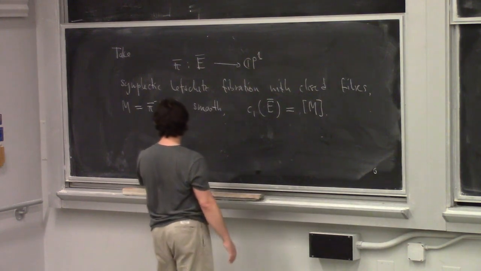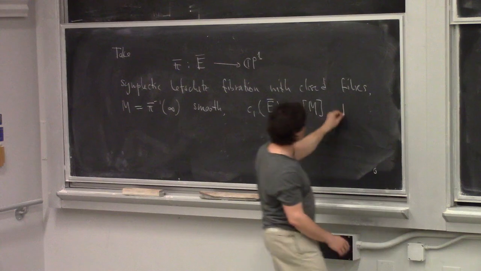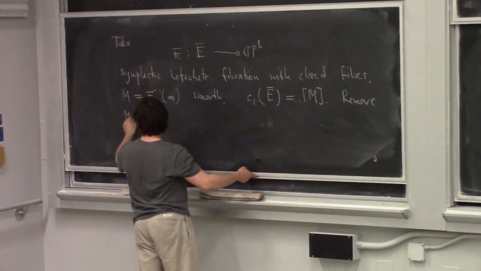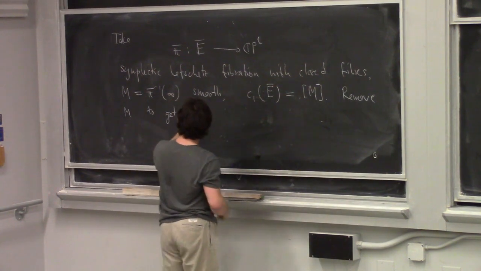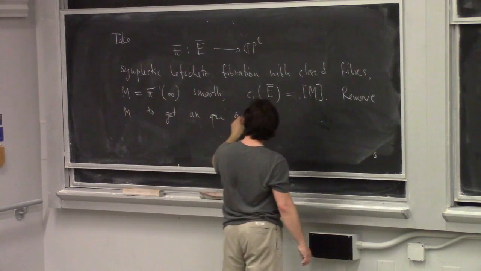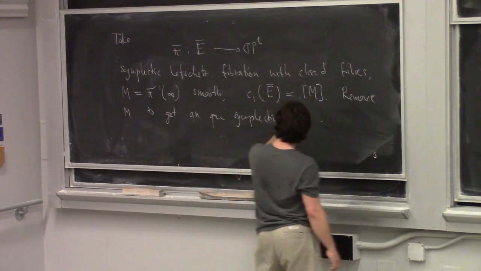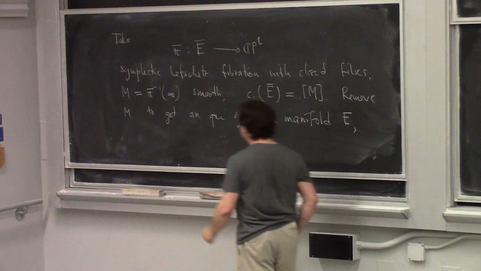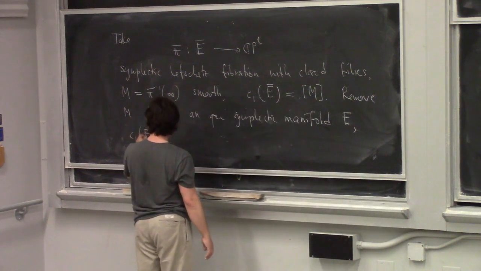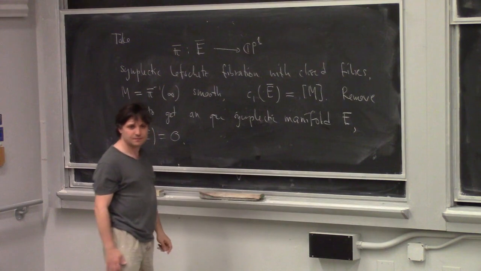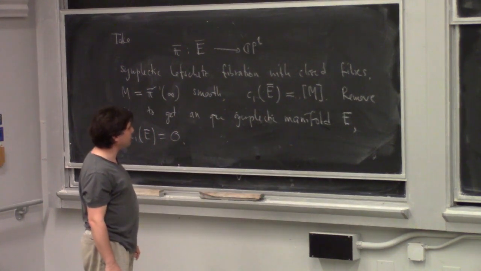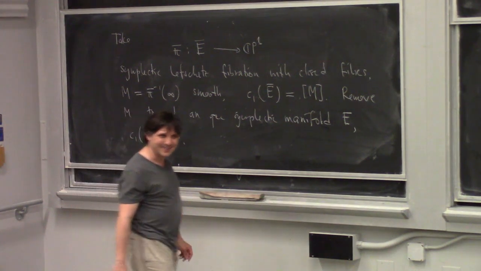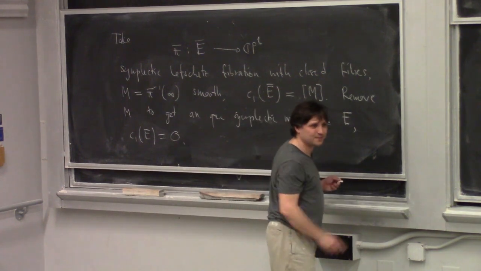And so I'm going to define, so remove M, with c1 of E. The fiber also has c1 zero. We're effectively in the same situation as before, except now I'm going to apply symplectic geometry.